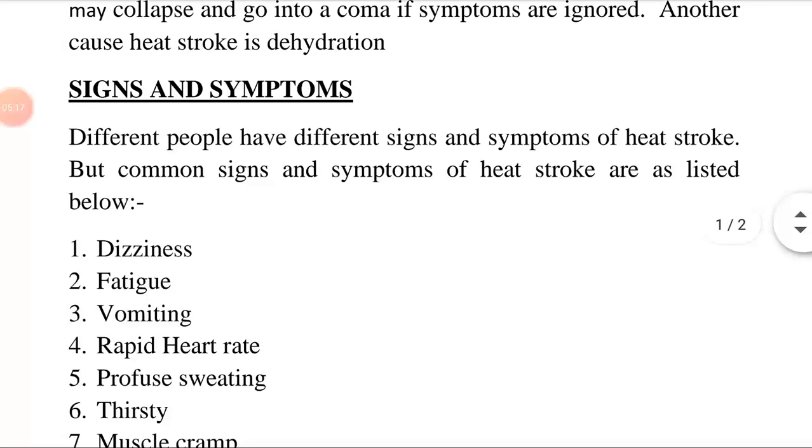Signs and symptoms. Signs means indications or signals, and symptoms are physical or mental features regarded as indicating a condition of disease.